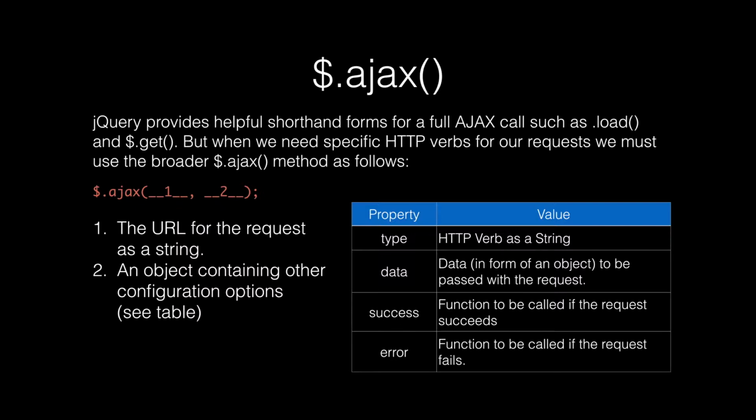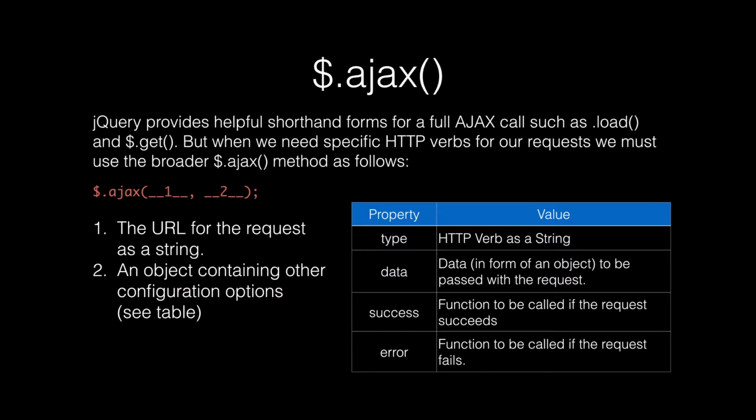Now the success and the error options here are where we're actually going to provide some code, and these are going to be functions that are going to be called either when the request succeeds or if the request fails, so that we have kind of a fallback and can treat it appropriately. So imagine we're going to send off a request for data, and we're going to set up handler functions so that we're prepared to deal with the result in a positive way.